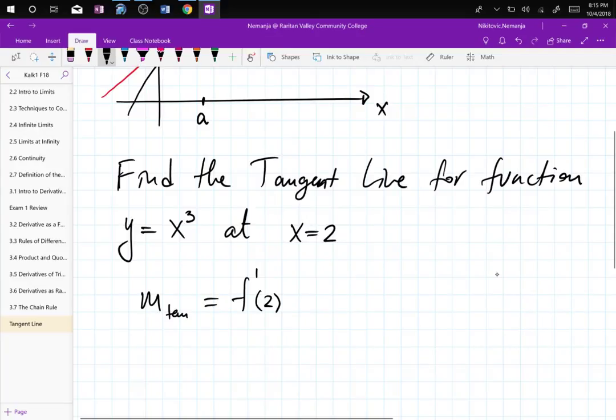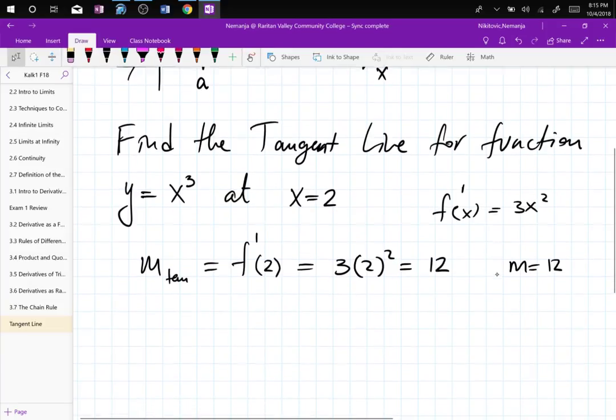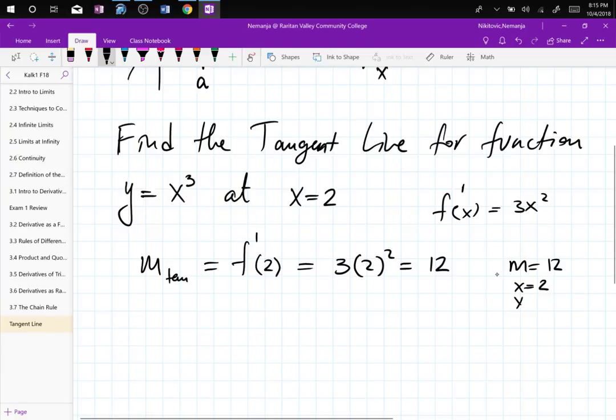The derivative, which you can do on the side, f prime of x is 3x squared. So this is equal to 3 times 2 squared, which is 12. So we found that the slope is 12. We know that x is equal to 2, and we can figure out y by plugging in f of 2, which is 8.